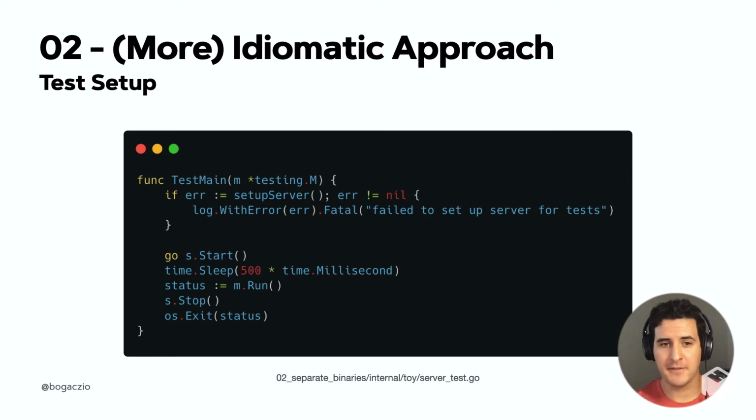The nice thing about this setup is that now we can go back to the normal world of Go testing and Go patterns. So for example, here in our test main, we can set up a version of our server using our local store, starting it and not shutting it down until we're done with our tests.